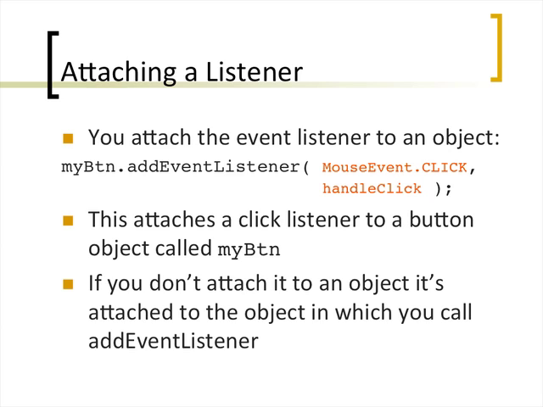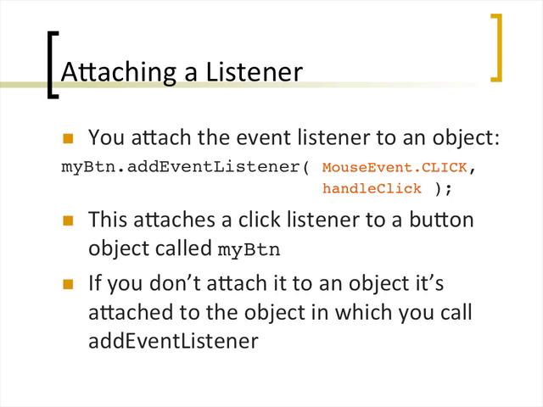Now, if you don't attach an object, in other words, if you say just addEventListener, then by default it adds the event listener to the object in which you have written the code addEventListener.